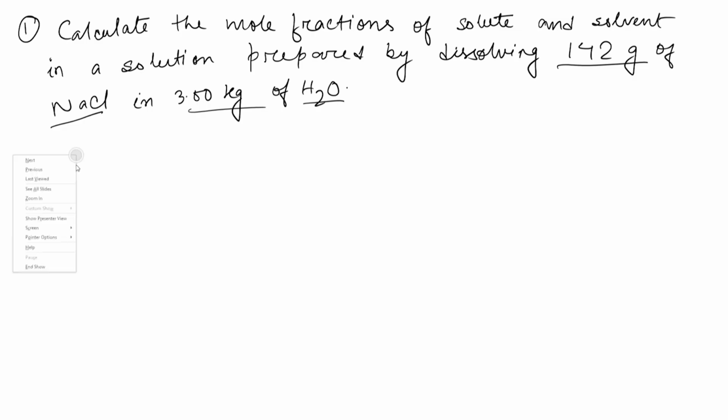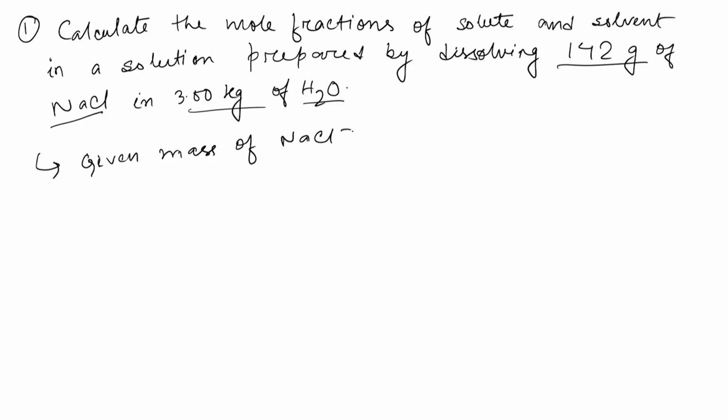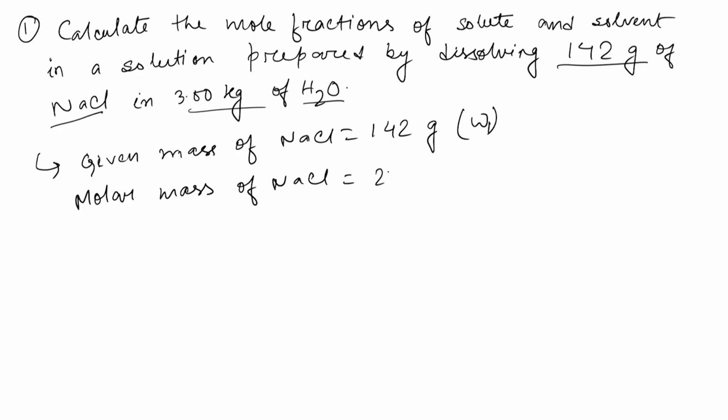Given, the mass of sodium chloride is equal to 142 grams. Let us say this is W1. Now, the molar mass of sodium chloride is equal to 23 plus 35.5, which is 58.5 grams.